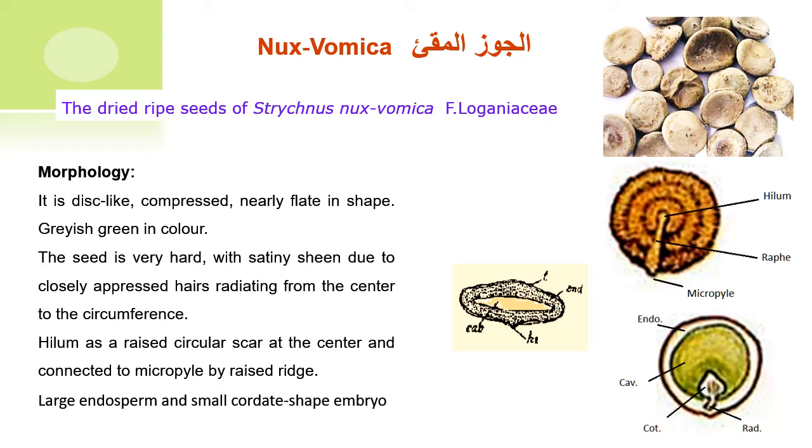There is a large endosperm and a small cordate-shaped, or heart-shaped, embryo. A section in the seed shows the endosperm surrounding a central cavity, and near the micropyle there is a cotyledon of heart-like shape and a small radicle. A T-cut in the seed shows the central cavity, the endosperm, and the seed coat or testa.